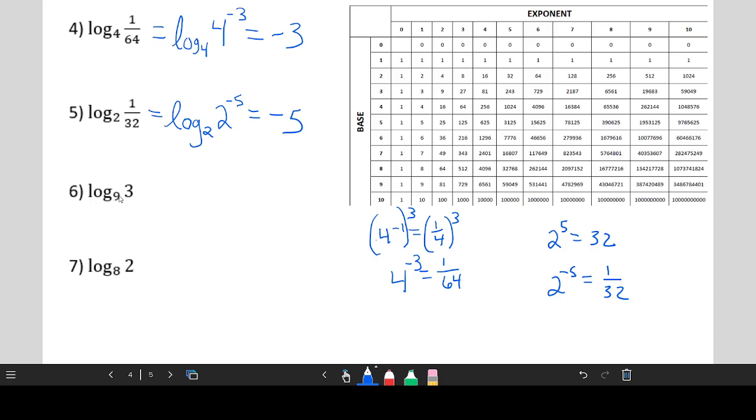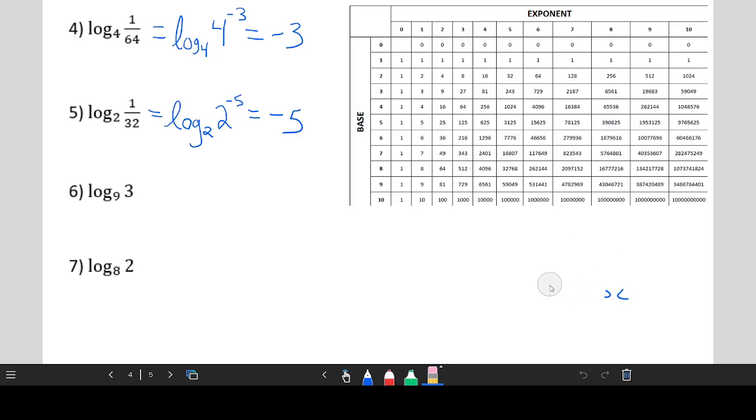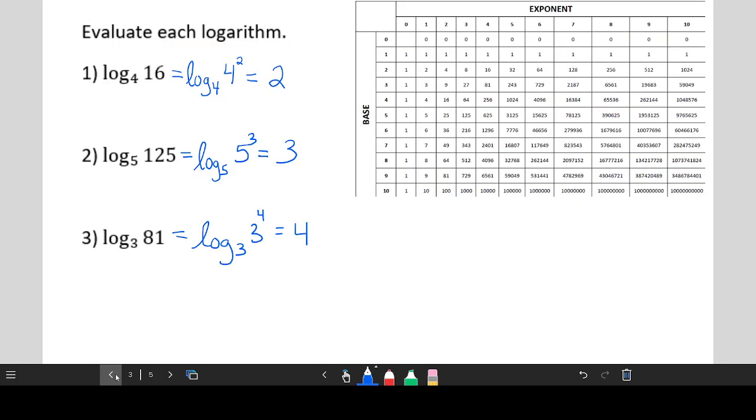Okay, now the next one, the base and the input are both greater than 1. So we don't have a reciprocal this time, but the base is greater than the input, which was not the case on the first page.